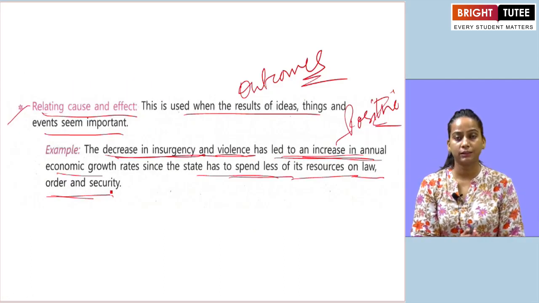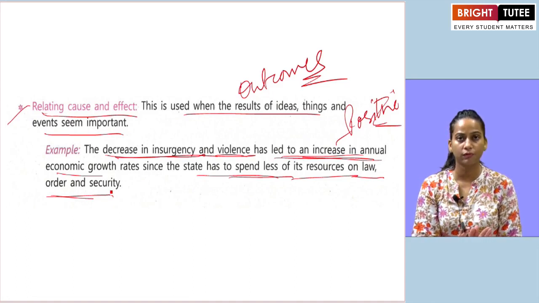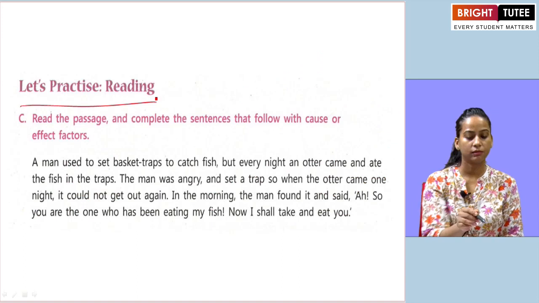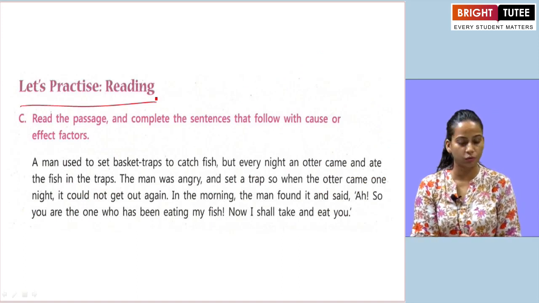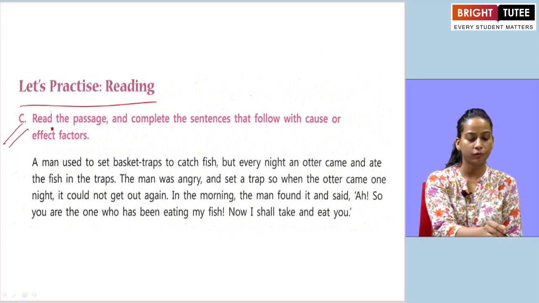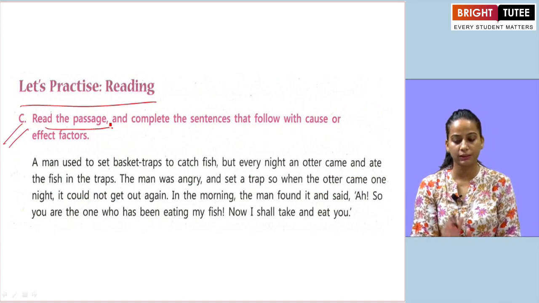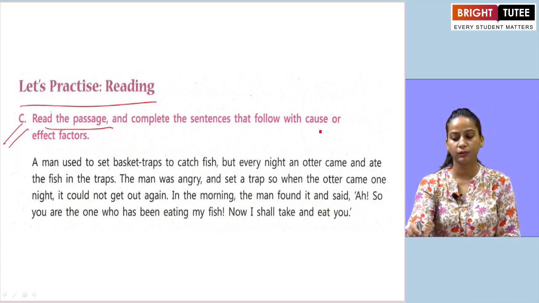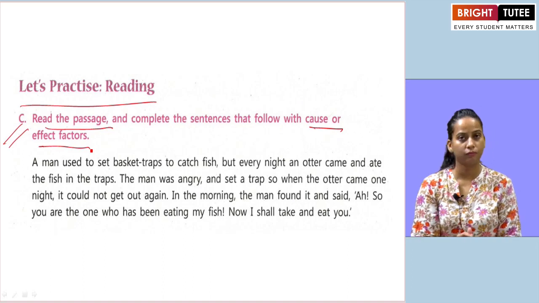Now, we will take one exercise based on the same, and we'll go through the passage and attempt the questions given based on that. Let's practice reading. Here we have to read the passage and complete the sentences that follow with the cause or effect factor.